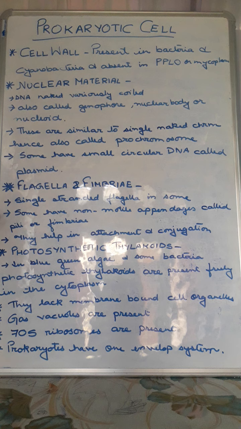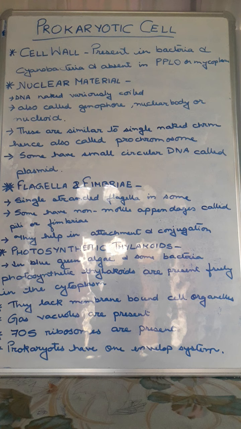Now, pili are responsible for conjugation, isn't it? It is a sex pili. And fimbriae are meant for attachment, so that it can attach to the host for its functioning, okay. So flagella for movement, fimbriae for attachment, and sex pilus or pili for conjugation, that is sexual reproduction.